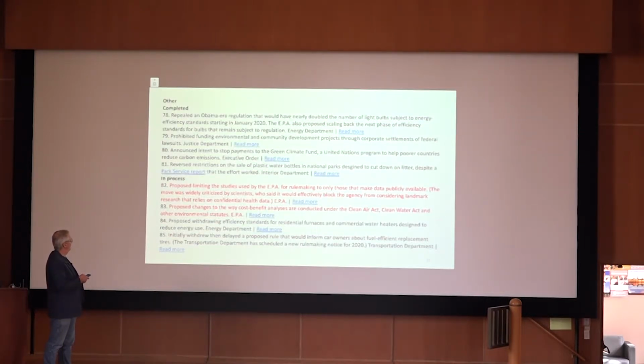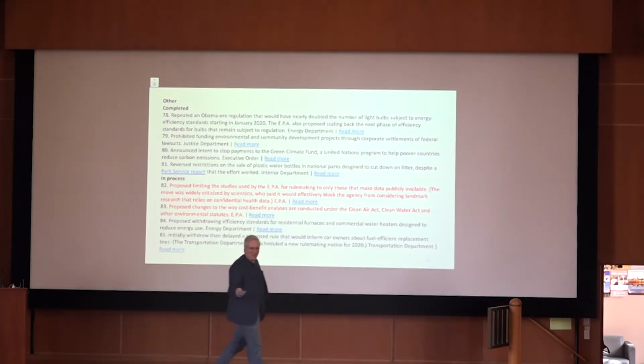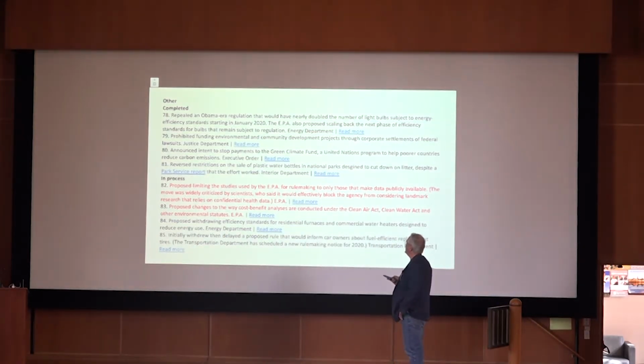And then some sneaky ones. Proposed changes to the way cost-benefit analyses are conducted in the Clean Air Act, Clean Water Act, and other environmental statutes. That's increasing the discount rate to 7%. That's what that's all about, okay? That's why we had to learn about the discount rate. And so these are highly targeted to get at the heart of the regulations that had been in place to reduce the impact of nexus problems and to reverse them.